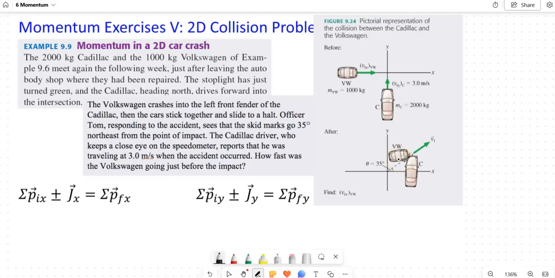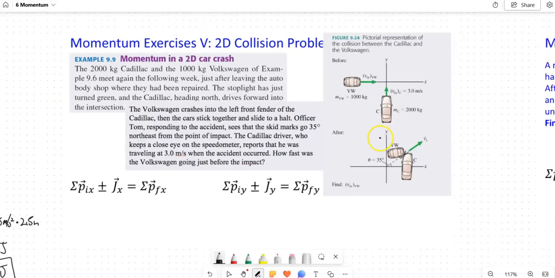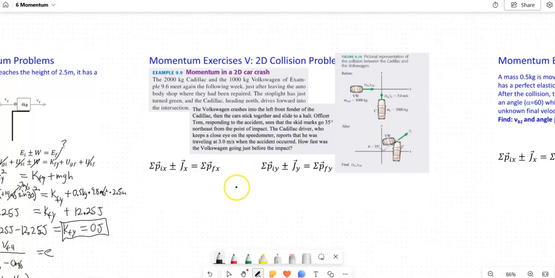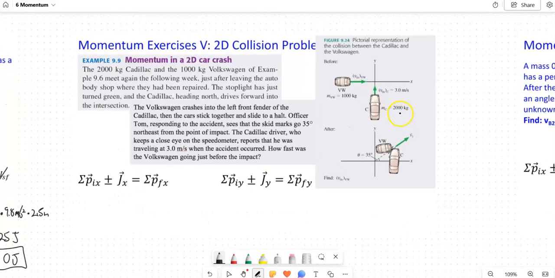Okay, so you have to approach this as if they are two separate problems, well, one for each one of the directions. Okay, so let's start off with the initial momentum in the x direction. And if you look at the initial momentum in the x direction, the Volkswagen has a velocity in the x direction, but the Cadillac driver does not. So it has 0 velocity in the x direction, but the Volkswagen has a velocity in the x direction to the right.